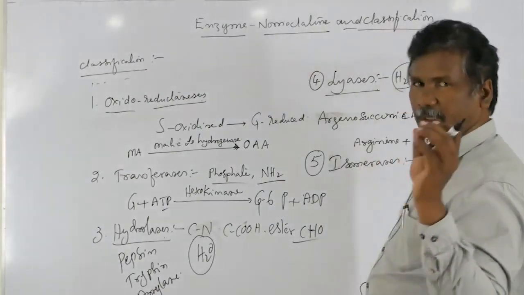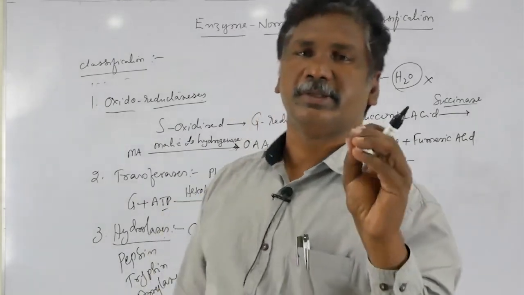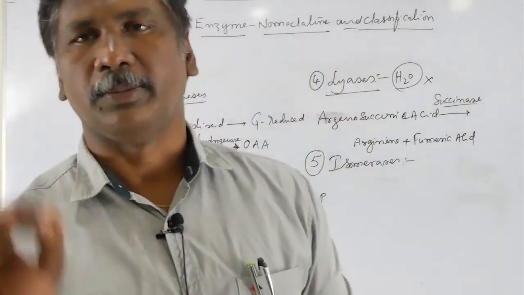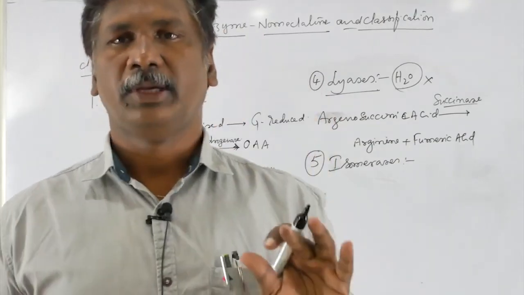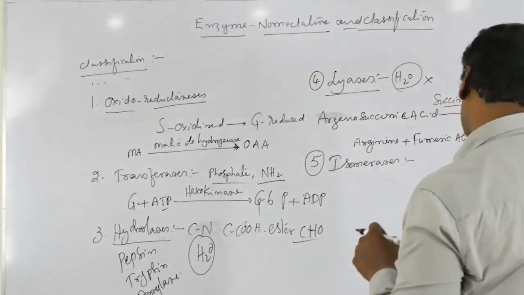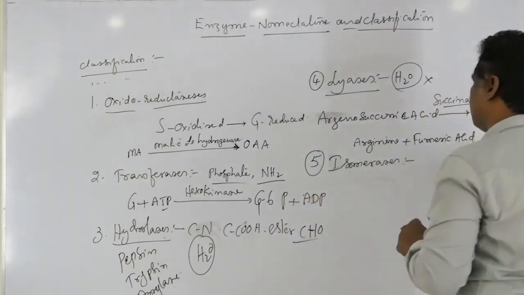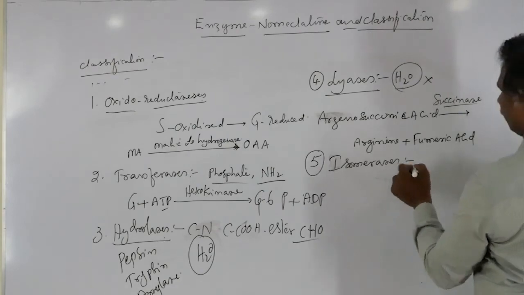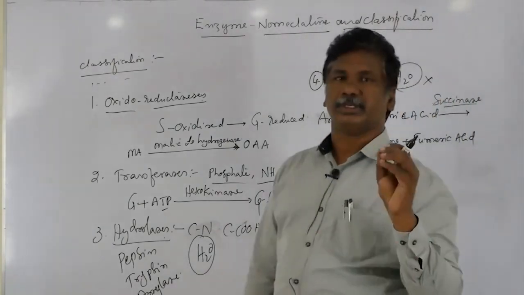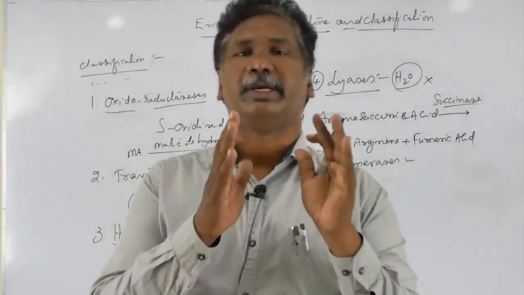For example, you know very well that glucose has the formula C6H12O6, and fructose also has the formula C6H12O6. Those enzymes are called isomerases.